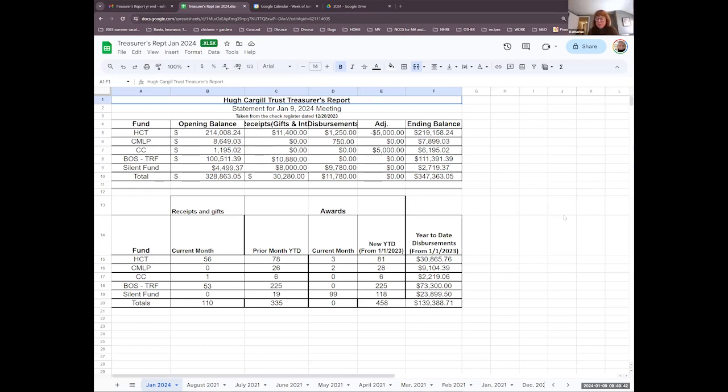For instance, last year we got $20,000 in gifts to the HCT in January, but this reflects when they're deposited. So the checks might have been sitting in envelopes at the townhouse, but they were not opened and processed until January. That's where they'll be picked up in here.